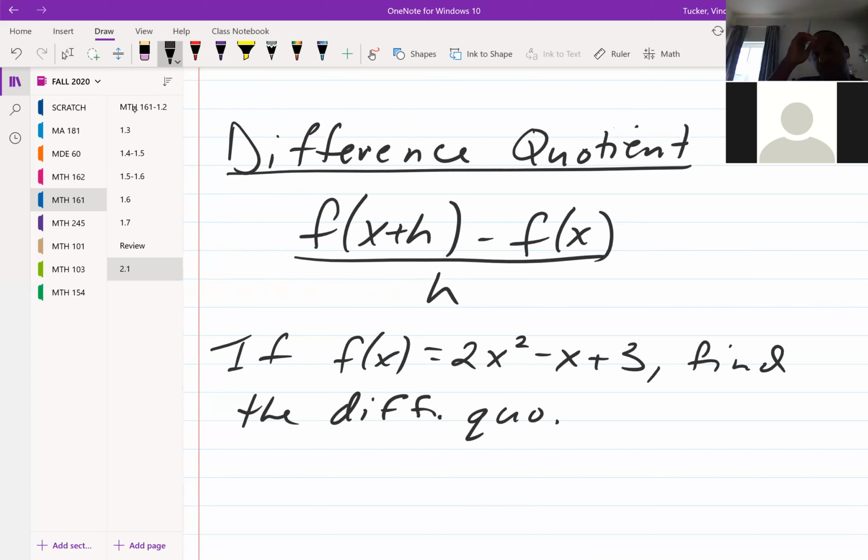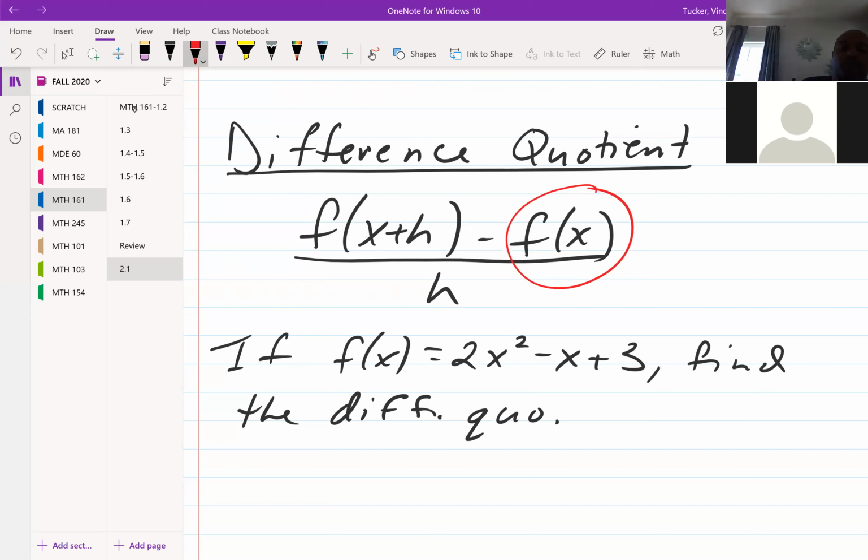Okay, so they'll give you a function and then ask you to find the difference quotient. But like I said, outside of that, they're not going to ask you to do anything extra with it. So let's go ahead and do that. f of x is equal to 2x squared minus x plus 3, and it wants us to find the difference quotient. If you look at this formula, the way it's set up, you need f of x and f of x plus h.